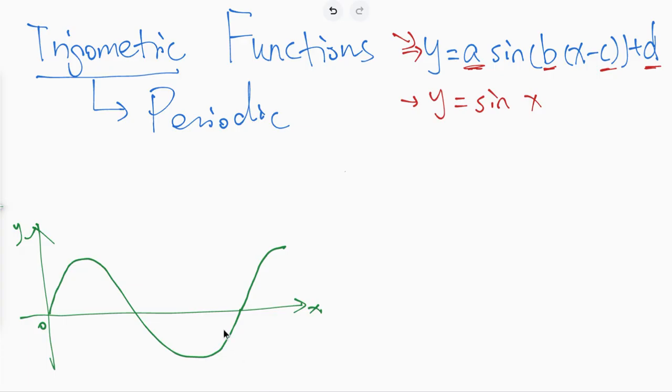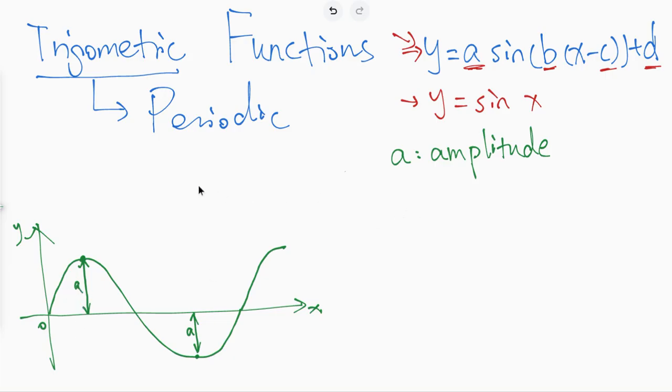So let's start from A. We call A the amplitude. That means it denotes the max difference between the x-axis and the max on the graph, or the min on the graph.